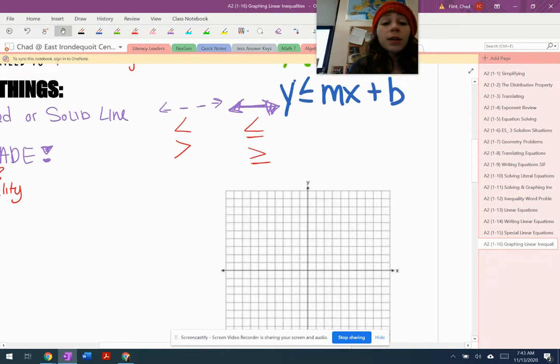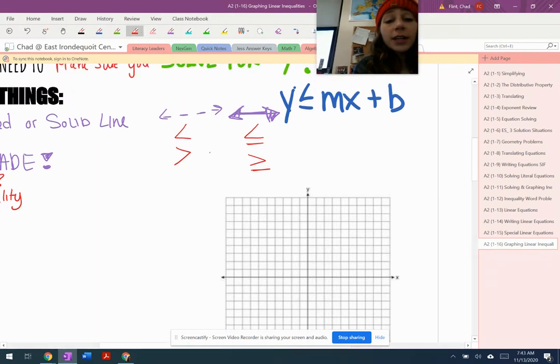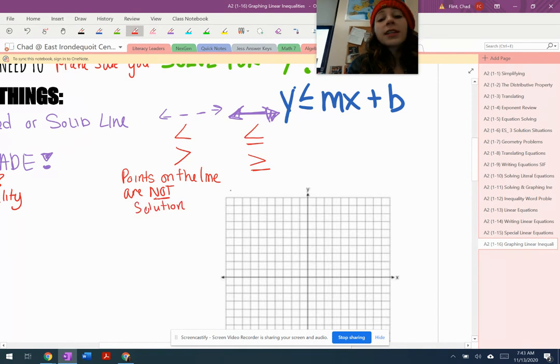That's because when you're dealing with the dashed line, points that are exactly on the line are not solutions. That's because if I look at x being greater than 7, 7 isn't greater than 7, so that wouldn't work.